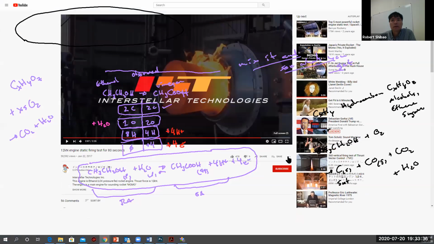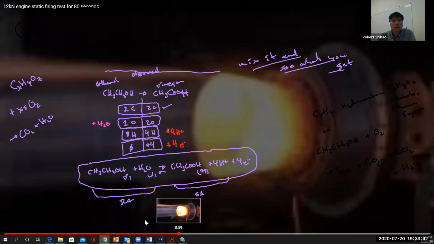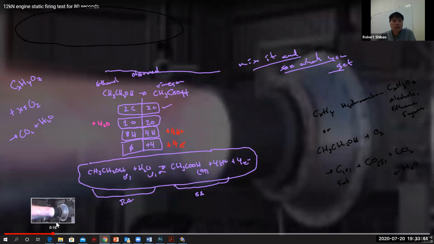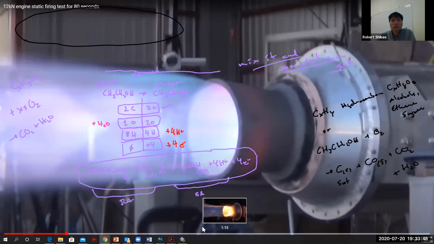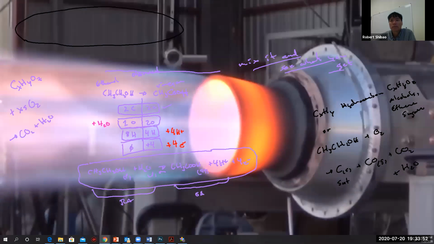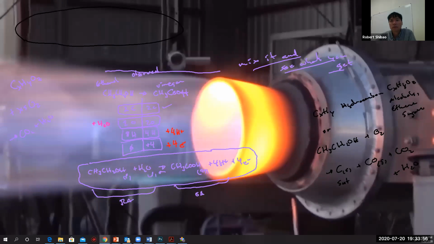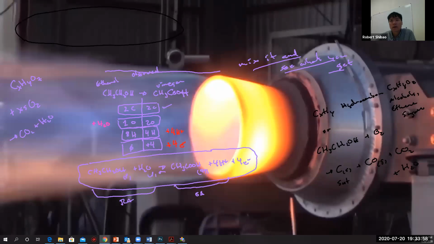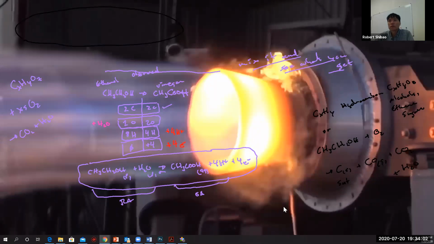Here, I don't want to get rid of these drawings yet, but let's take a look. This is combustion of ethanol with liquid oxygen. This is a 12 kilonewton, which is force, rocket engine. 12 kilonewtons is pretty huge force.